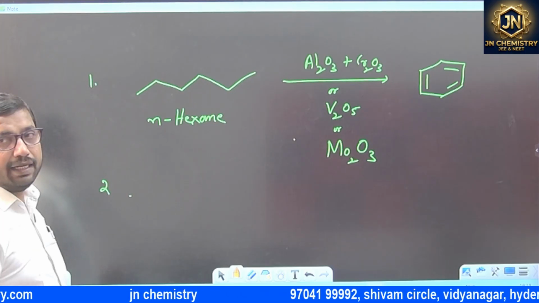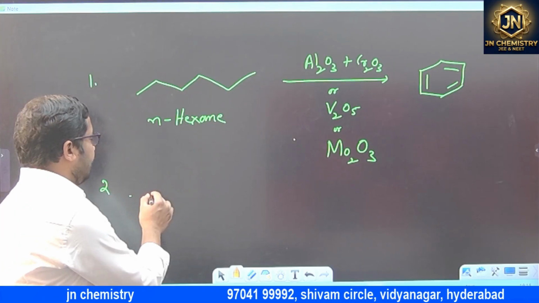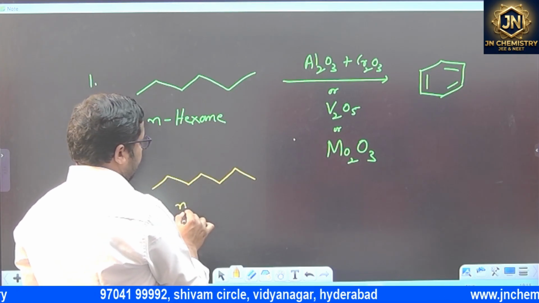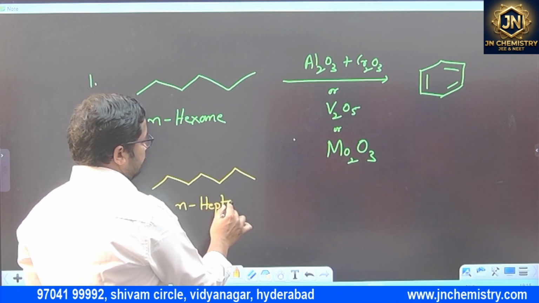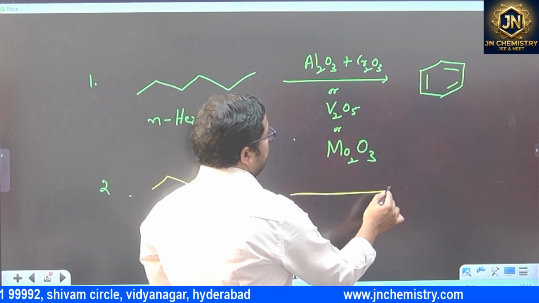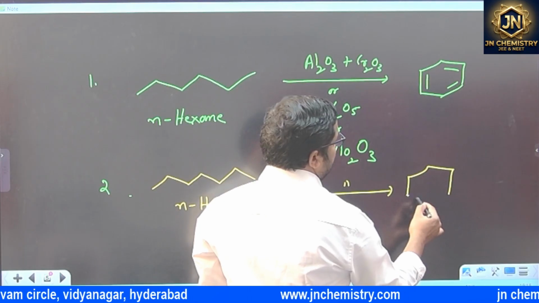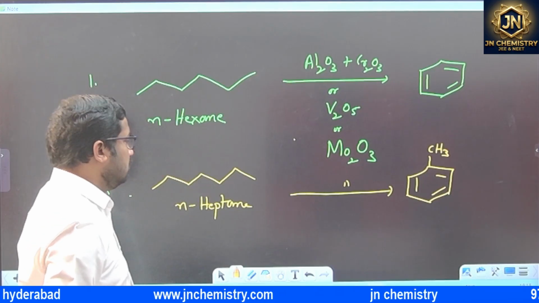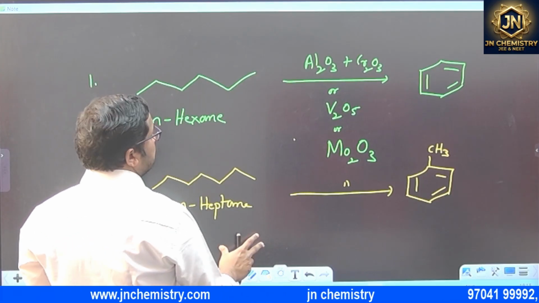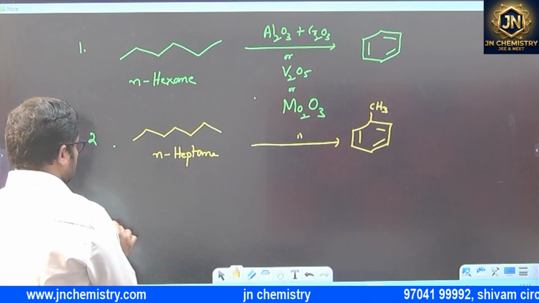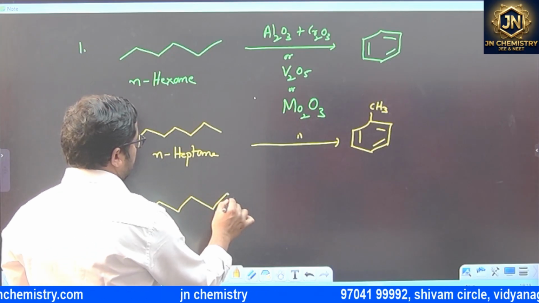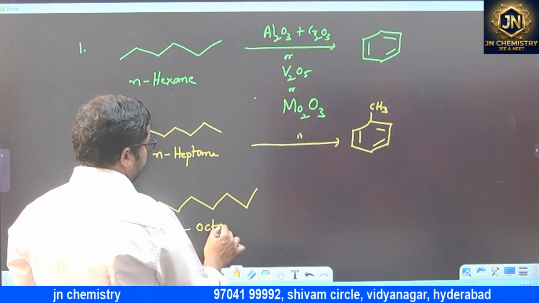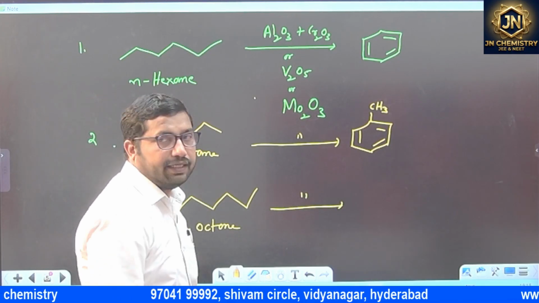Then next, if you take n-heptane, same conditions, you will get toluene. n-Octane also we can take. We'll get different types of products.